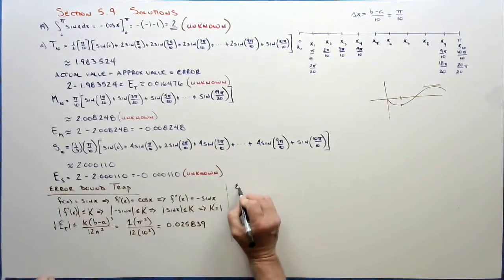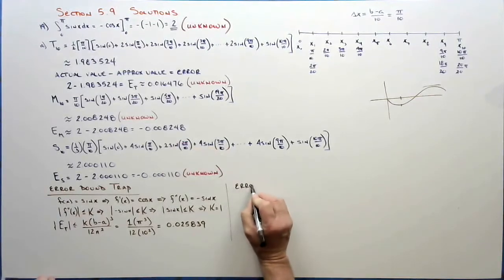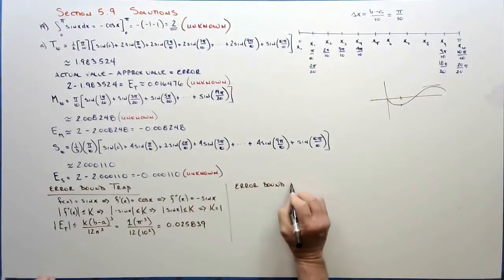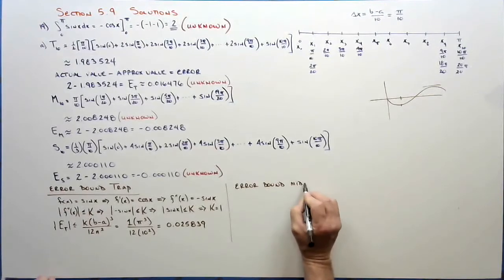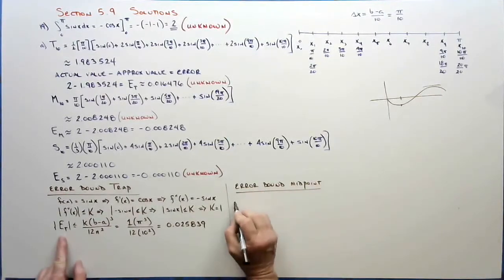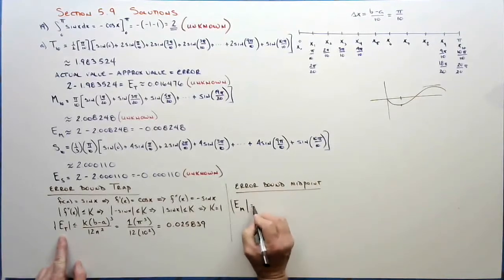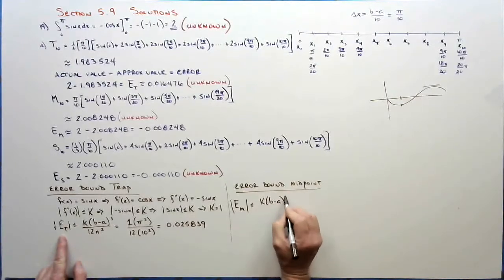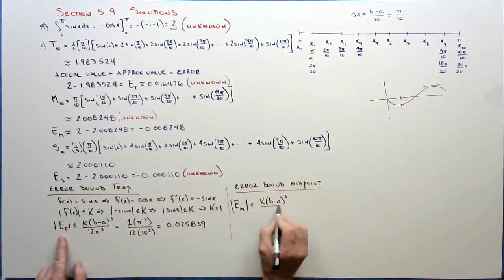Now, if we try the error bound for the midpoint rule, I told you the other night in class that the key here is to remember that the formula for the error bound for the midpoint rule is less than or equal to k, same k, b minus a cubed, same b minus a.